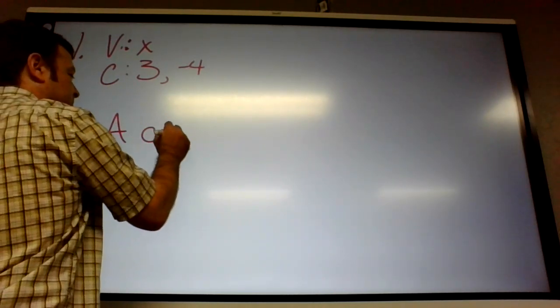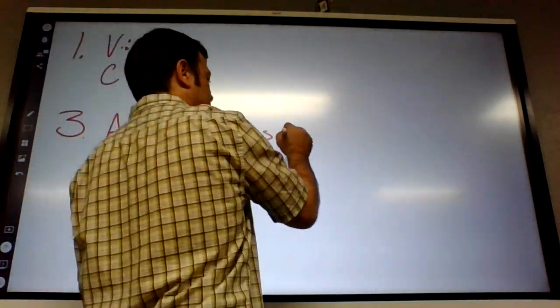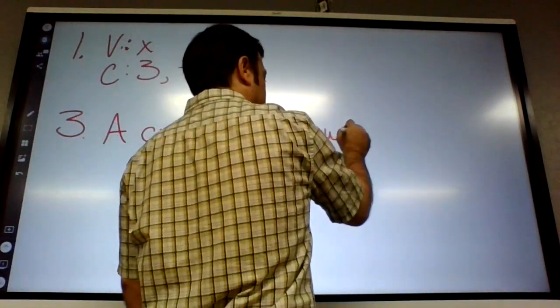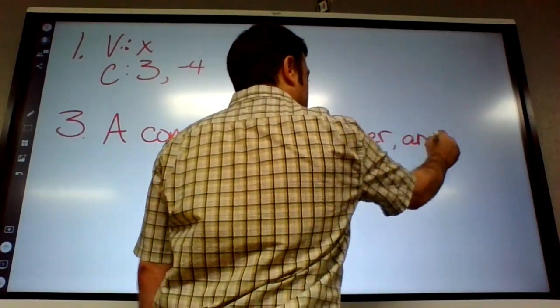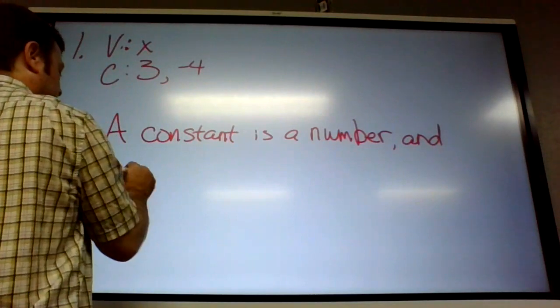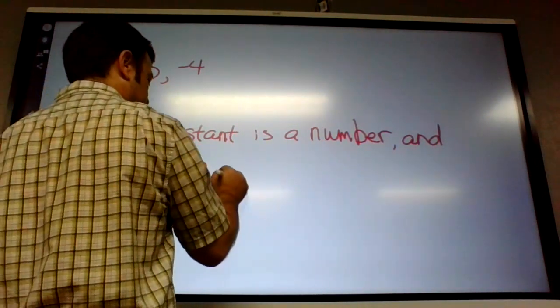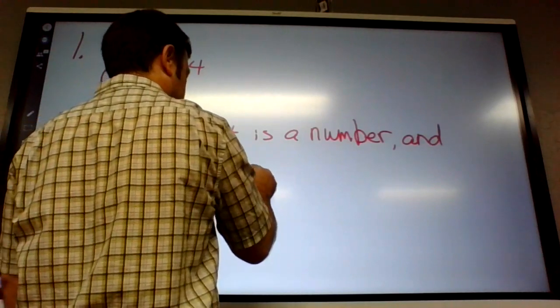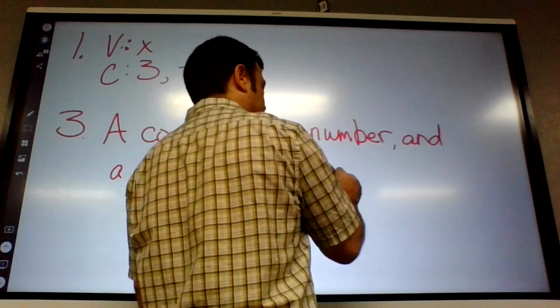So a constant is a number. And a coefficient is a number.